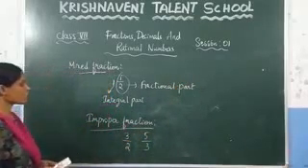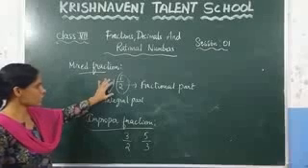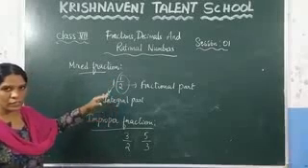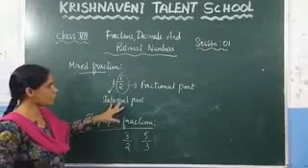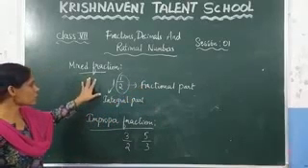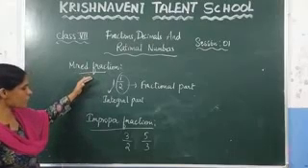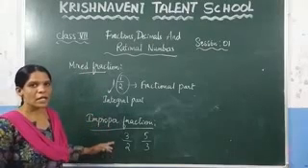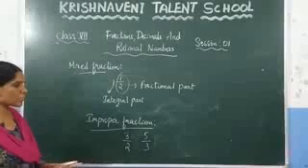So a mixed fraction contains 2 parts, which are the integral part and the fractional part. We can convert the mixed fraction into the improper fraction and the improper fraction into the mixed fraction.